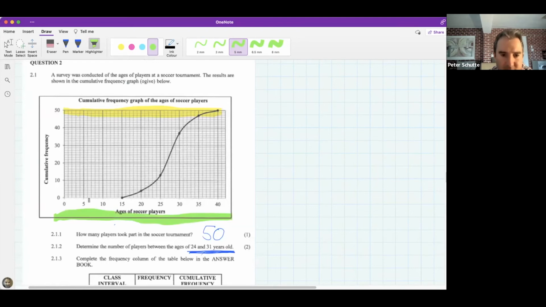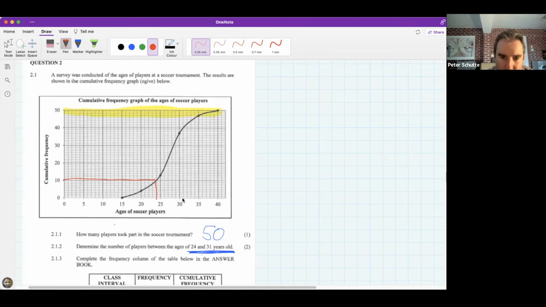And so where is 24, where is 31 is the hint. So 24, it looks to me like there are 10 students who are less than 24 years of age.